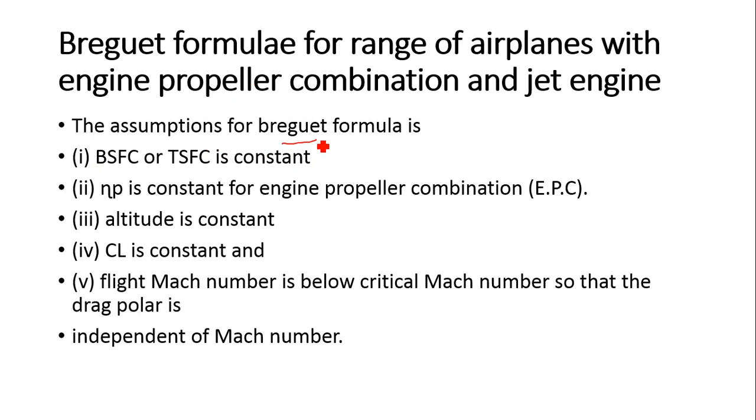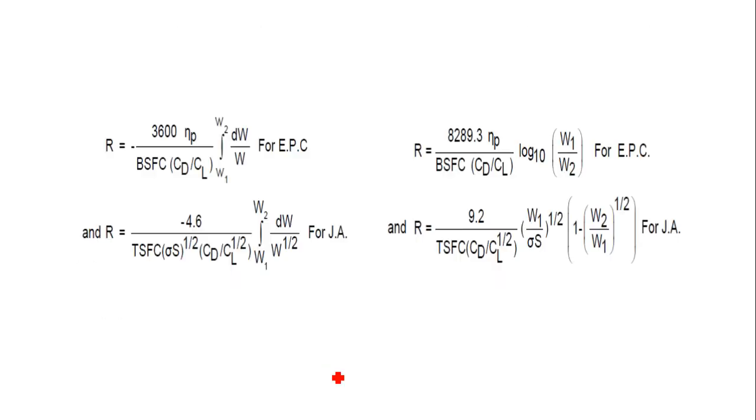For deriving the required formula, we should consider that the BSFC or TSFC, the thrust specific fuel consumption, will be constant, and the efficiency of the propeller is also constant, altitude is constant, and CL is constant. And this is independent of Mach number, so no need of considering that. So the equation becomes R is equal to minus 3600 divided by BSFC.